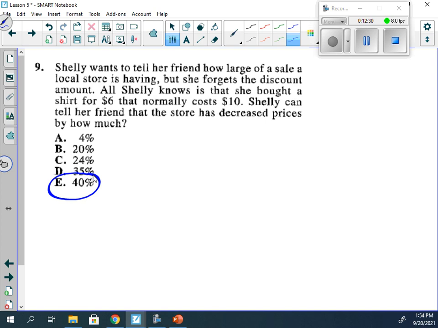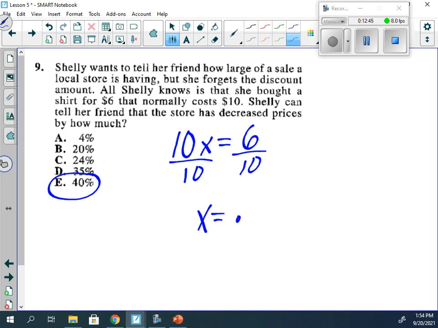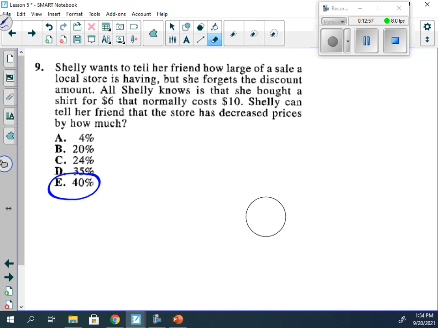Now, the way we can look at it is we can say 10 times x is equal to 6, yes? 10 times the discount equals 6. Well, I can divide both sides by 10, and x is equal to 0.40 or 40%. Yes, sir? We also just say that 60%.